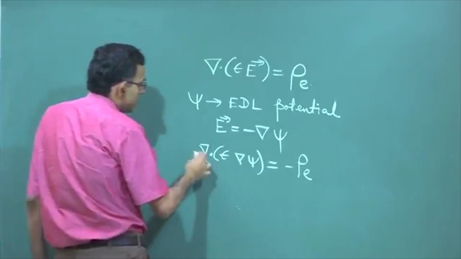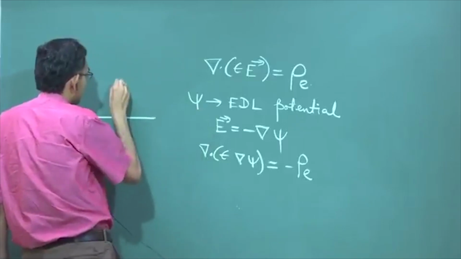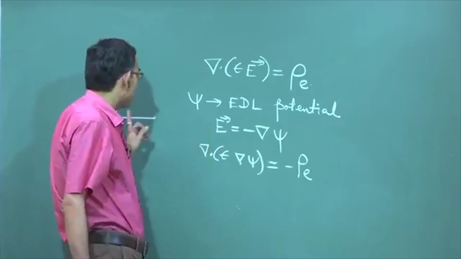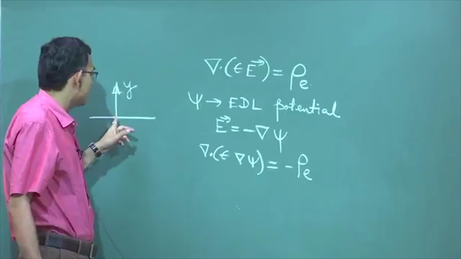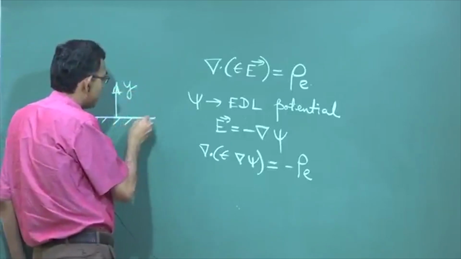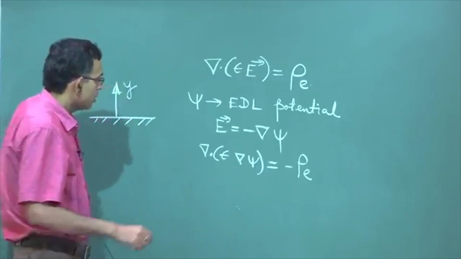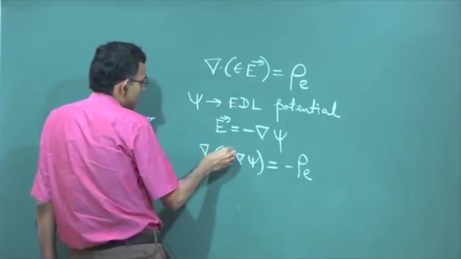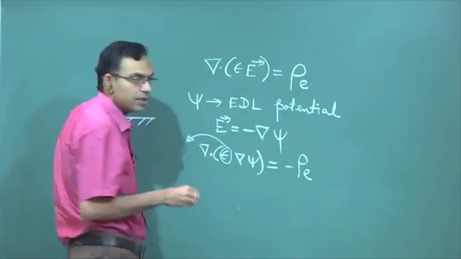Now, this being a general problem, we can consider a special case where the electric field distribution is one dimensional. That means the electric field only varies along the y direction, where y is the direction perpendicular to the solid boundary. Not only that, we also assume that we have a solution for which epsilon is a constant.